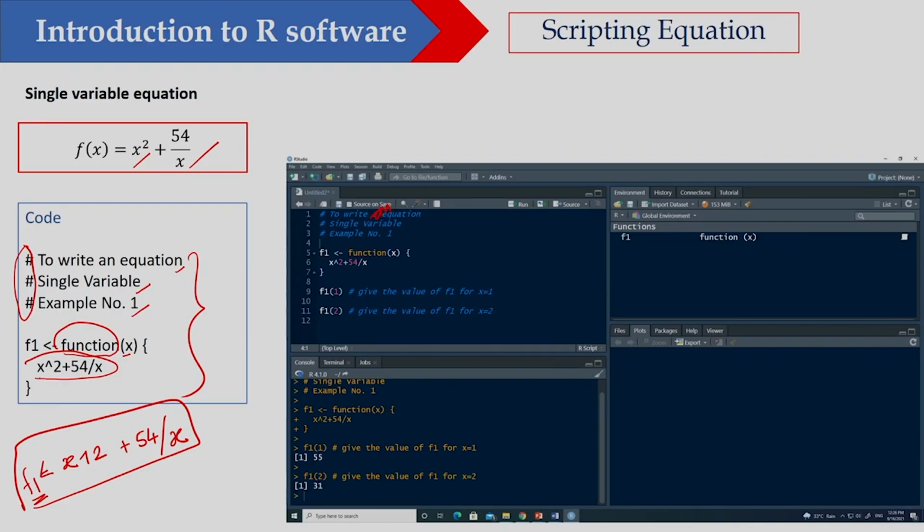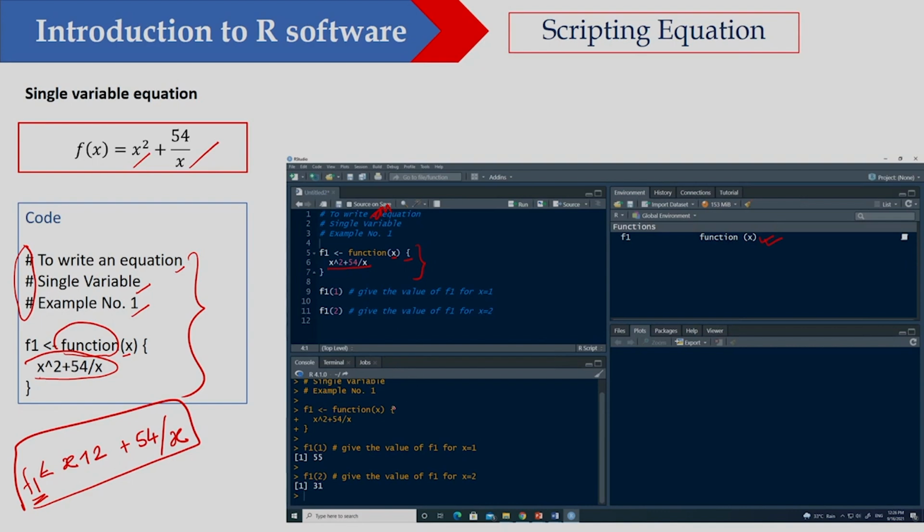I have written f1 equal to function x, then used the second bracket and written the expression, that is x square plus 54 by x. Now if I execute it, you can see this particular function here.